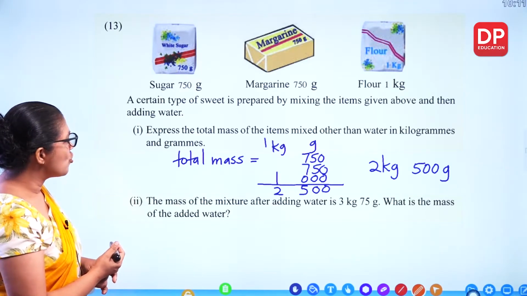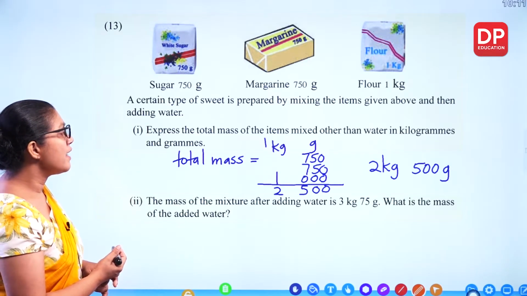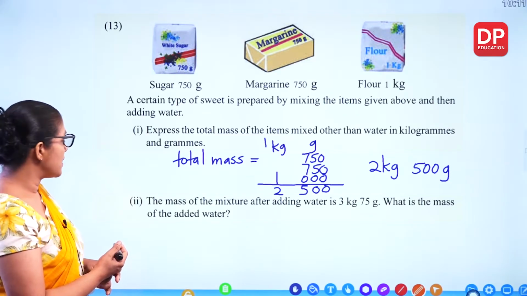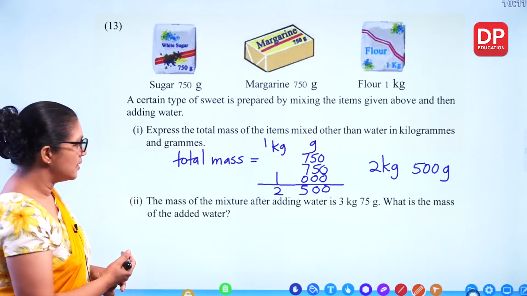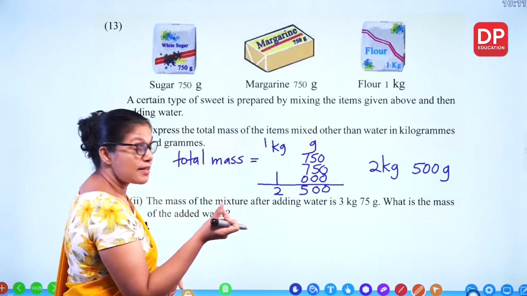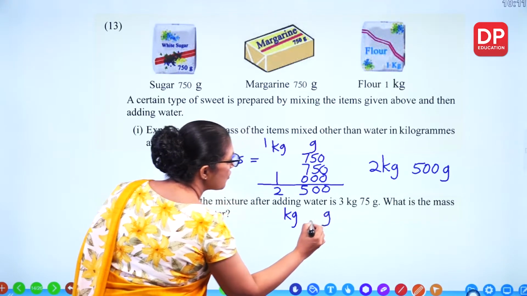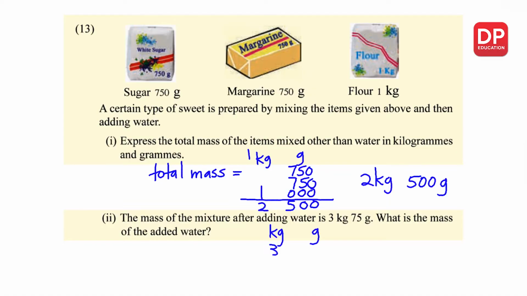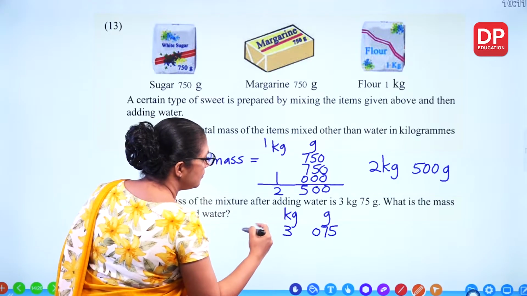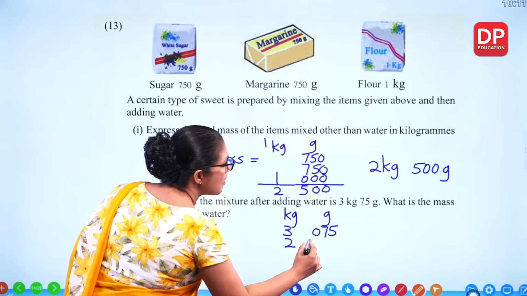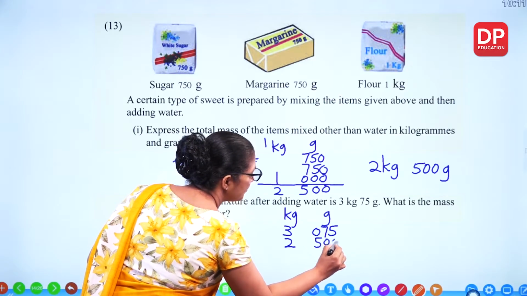The mass of the mixture after adding water is 3 kilos and 75 grams. What is the mass of the added water? So that's the difference. So we can just subtract kilograms and grams, 3 kilos and 75. We have to put a 0 there, 0.75. And we need to subtract 2 and 500.